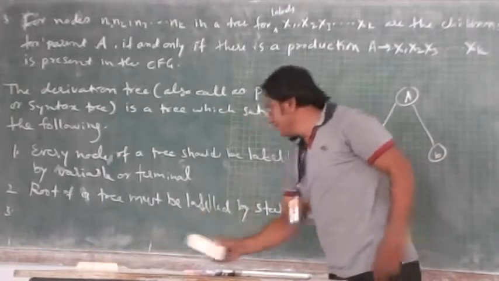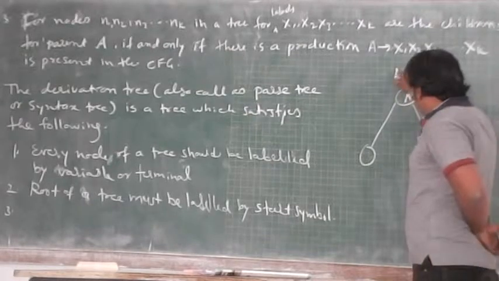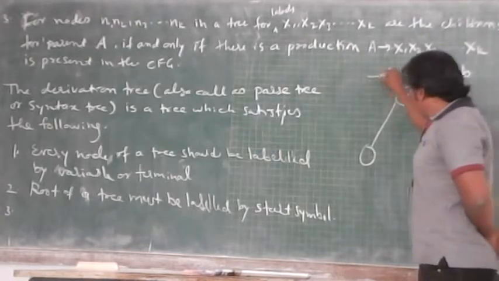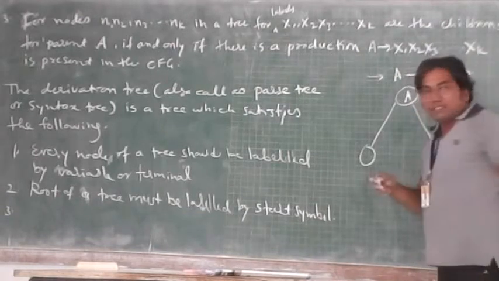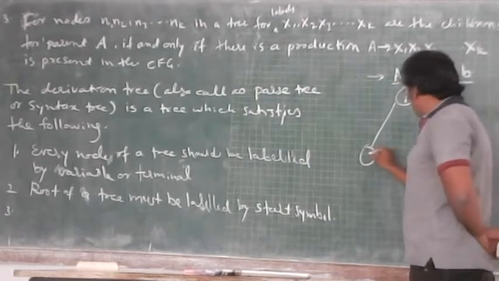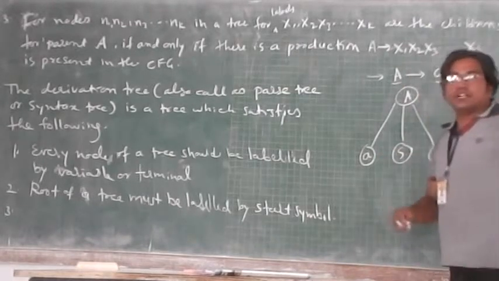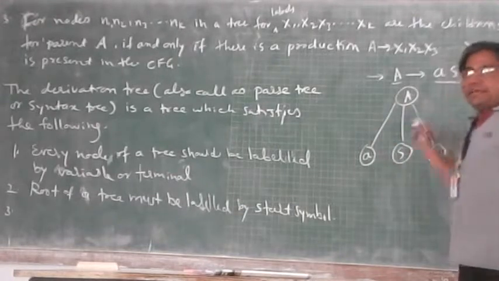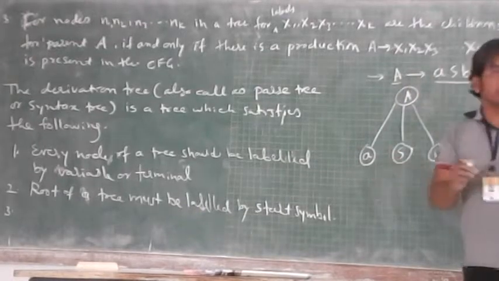So it clearly means that if you have a production like A implies A S B, for example, then you can have these as the children in a derivation tree for the parent A. In this case I can have the children A, S and B. So I can have this kind of arrangement in my derivation tree only if I have this production.